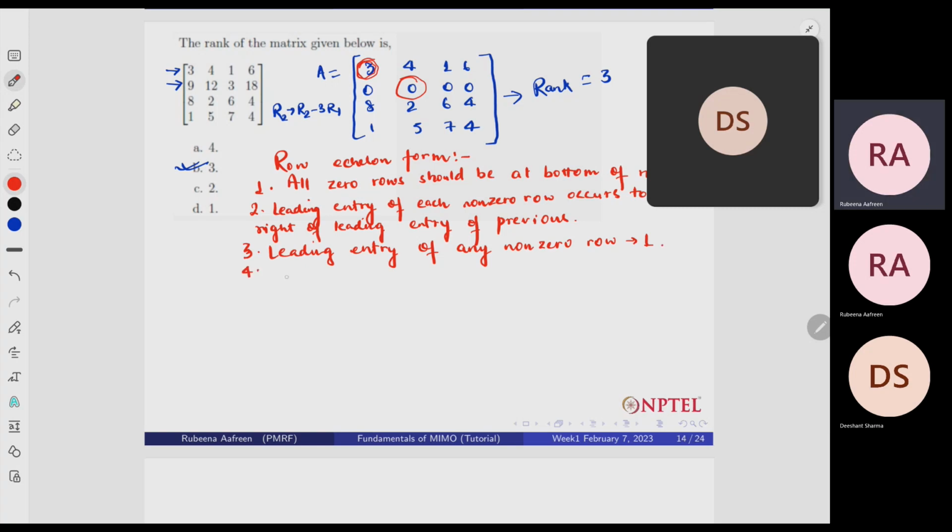The next thing is that all column entries below 1 are 0. So what would be the priority is that first you start with choosing a pivot. I'll explain how it is done.